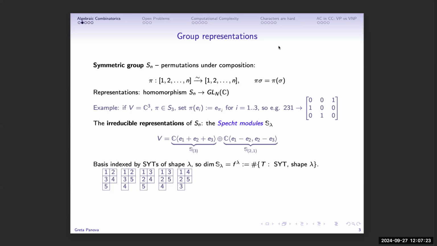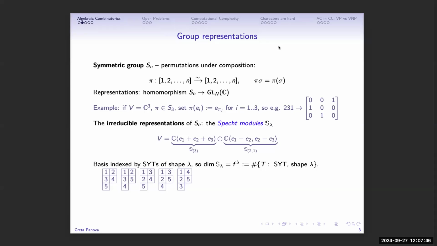So in particular, the number of standard Young tableaux, this formula that I showed you earlier, is also the dimension of each of these irreducible representations. And of course, now there is a lot of combinatorics you can ask using the tableaux, to try to answer algebraic questions and so on.